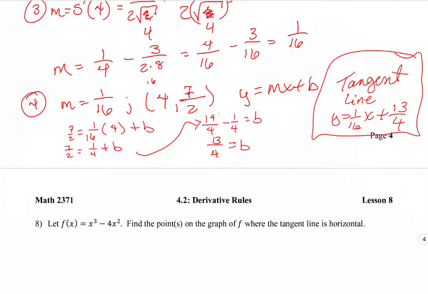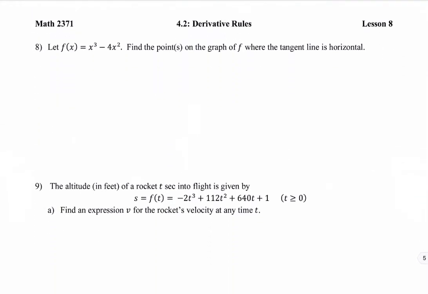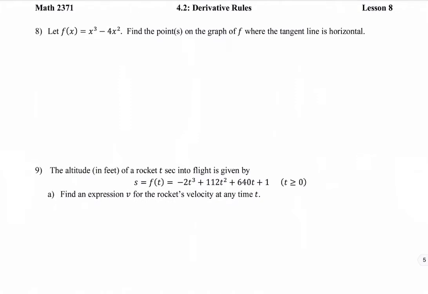Okay? Now I want to find the points where the tangent line is horizontal. So a horizontal slope means my slope is 0. So that means I need to find the derivative. So f prime of x equals 3x squared minus 8x.